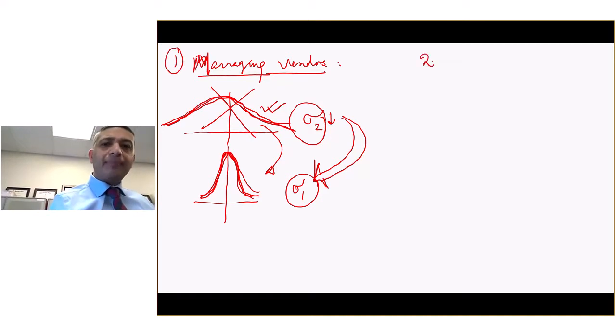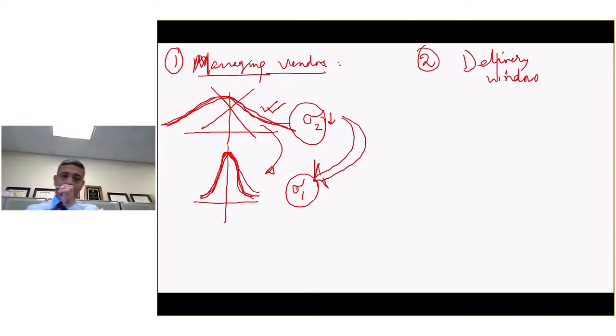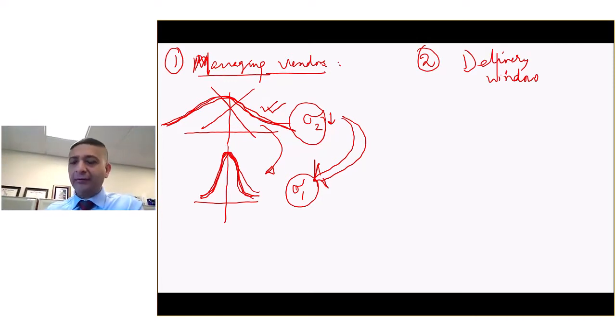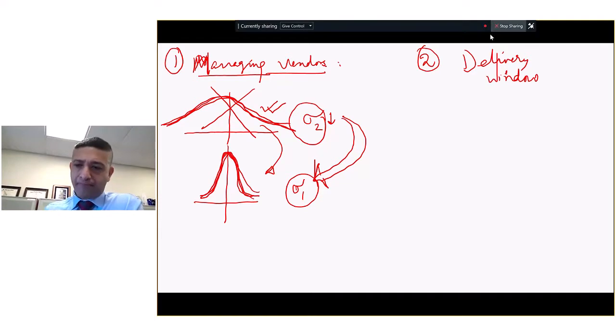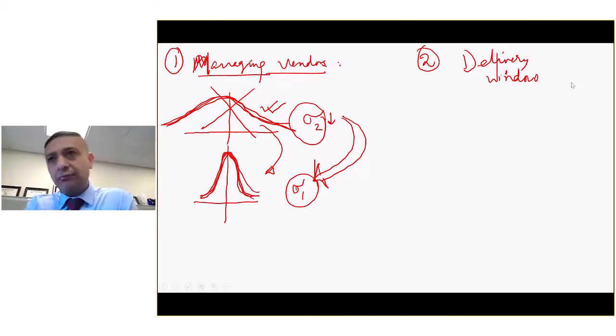The other piece of the puzzle is what I define as delivery window. We are all exposed to this. If you order a product from Amazon, let's say, and the product is available in Amazon's warehouse, if you choose Prime, then probably it becomes a 2-day or a next day delivery.